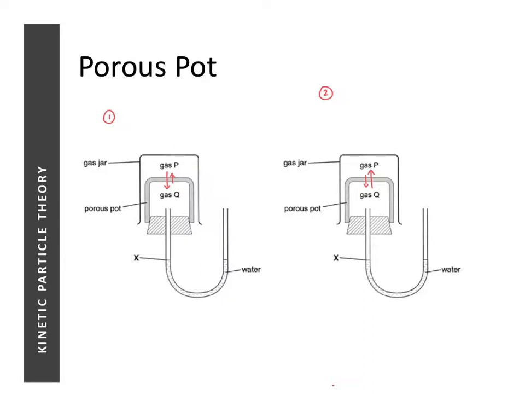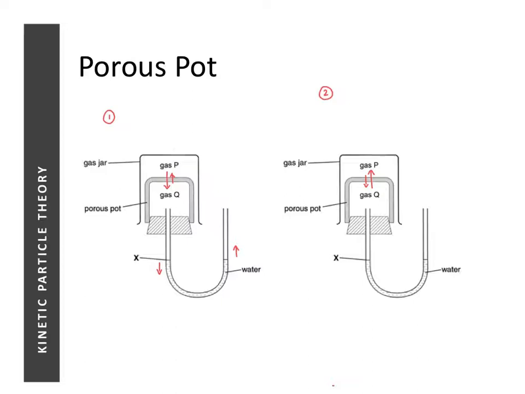So for scenario 1, after some time, we will have more gas inside the pot. And if we have more gas inside the pot, the pressure inside the pot would increase. So it will push the water level on the left down, and the water level on the right would go up.